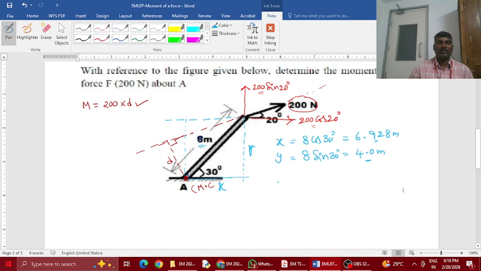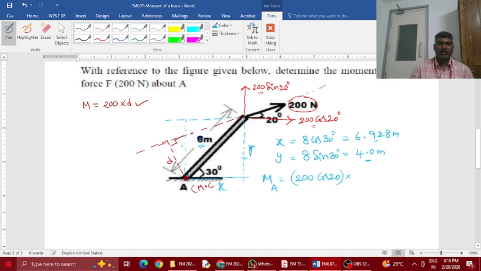Okay, now let us write the moment. Moment about A is equal to, first I'll take the x component, which is 200 cos 20 is the force. Okay, what is perpendicular distance? Actually, this is the perpendicular distance. This is also same.